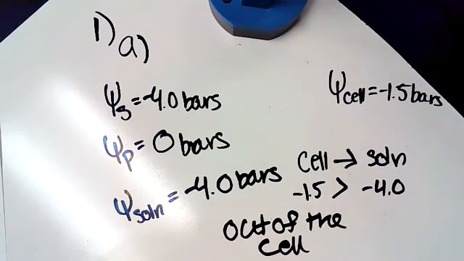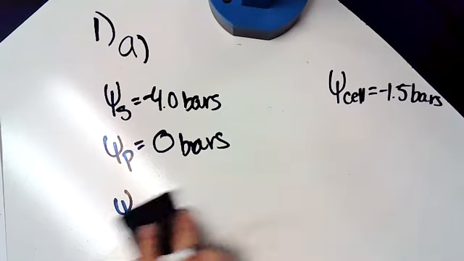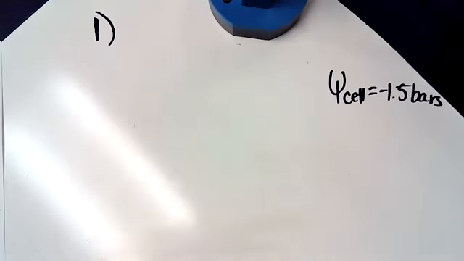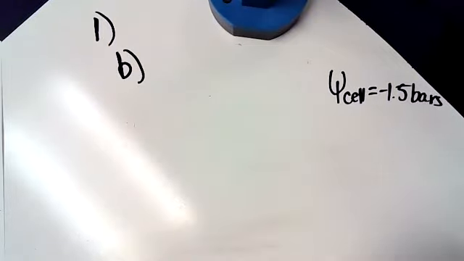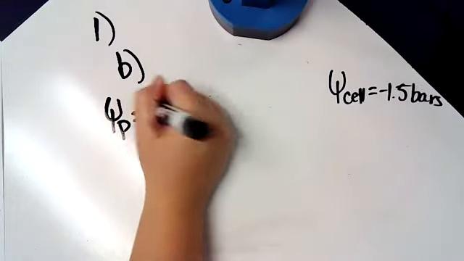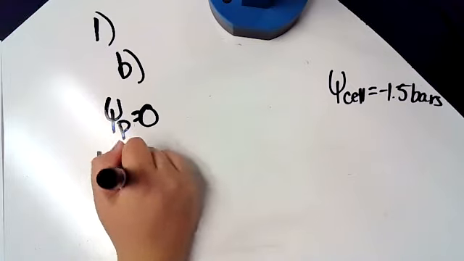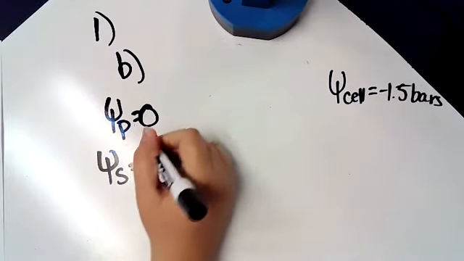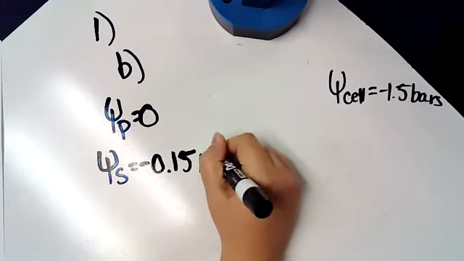And lastly, question 1B is then looking at our cell being placed in an open beaker, which means we have a pressure potential of 0 with a glucose solution with a solute potential of negative 0.15 megapascals.